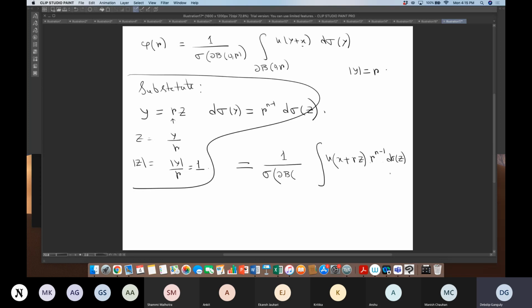Now where is this z? Integral over, earlier it was del B(0,r). Now what is your z? del B(0,1). Is that clear? Yes.